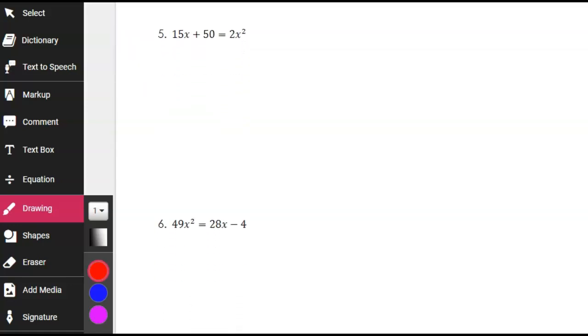Moving on to number 5. Ooh, this does not look like it's in standard form. But I would really like the ax squared term to be positive, so I'm actually going to move these things over here. That way this term can stay positive. So if I subtract 15x and subtract 50 from both sides, these will zero out, and I will still have 2x squared minus 15x minus 50.